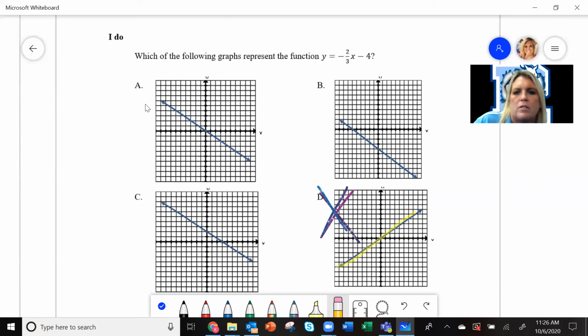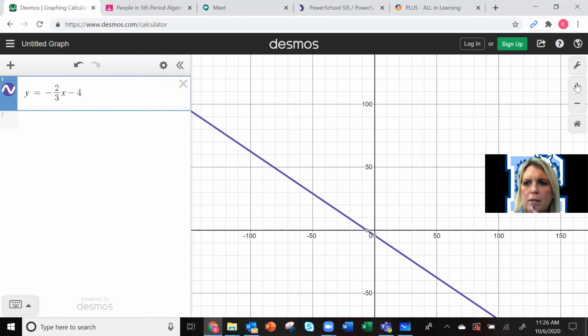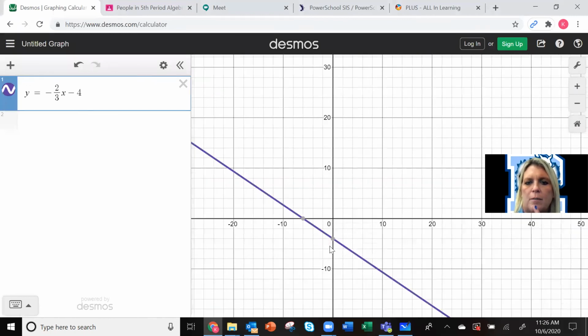Let's try and figure out something else. So how else can we eliminate? If I zoom in and then move this, it'll be easier to see. Here's my y-axis. I see that y-intercept of (0, -4). Let's find that on one of the other graphs.